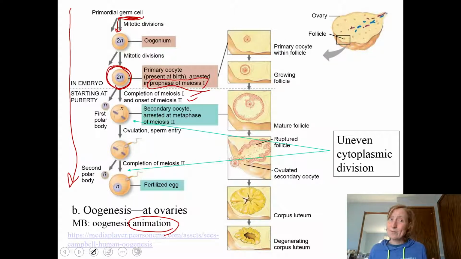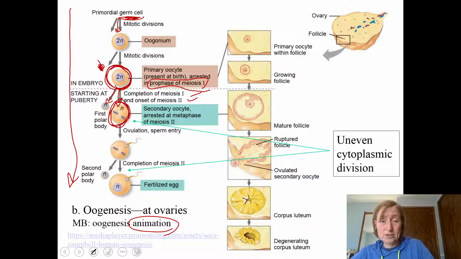You do with meiosis in ovaries as well, but some of the daughter cells are really small. So as our first primary oocyte goes through meiosis 1, we have 2 daughter cells. One of them has all the cytoplasm. That is going to go through meiosis 2. One of them is tiny and called a first polar body.